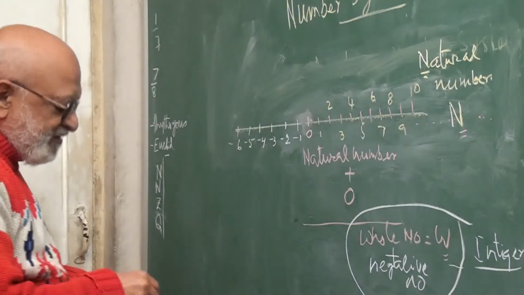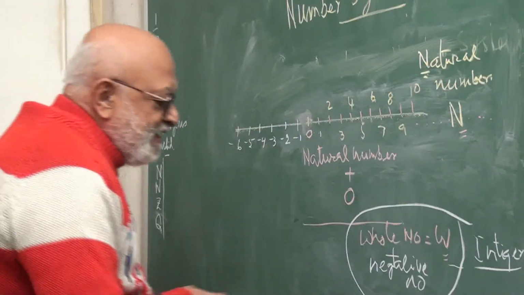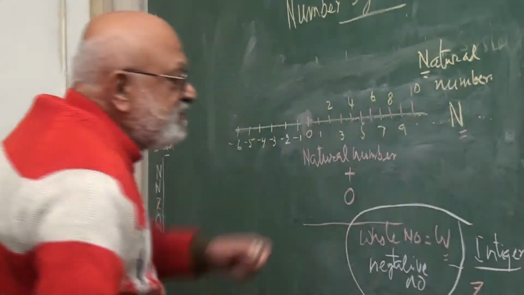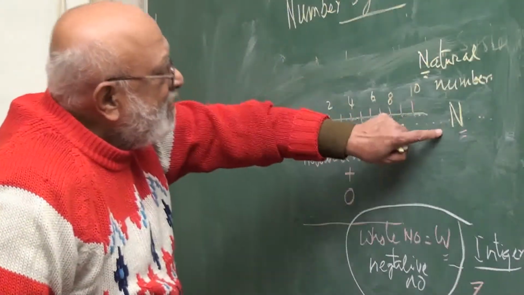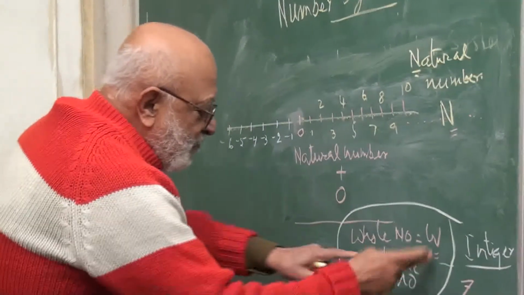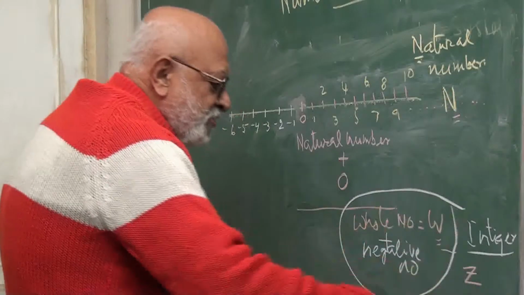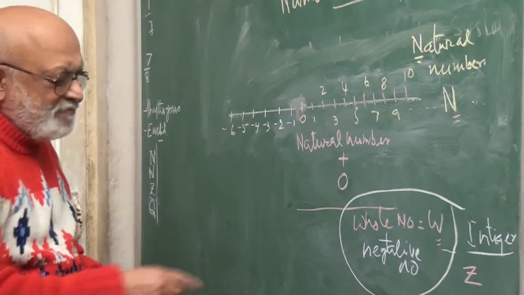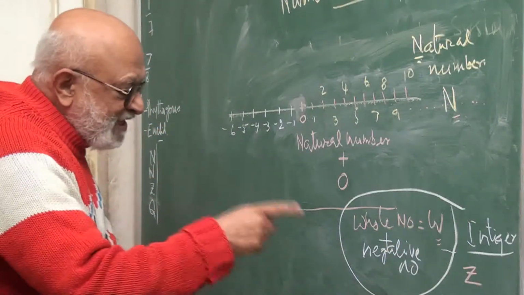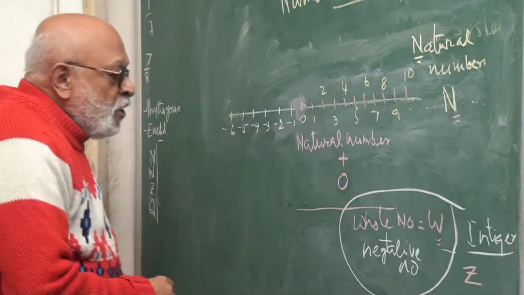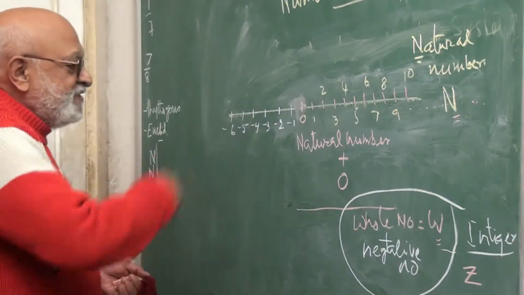And these integers are indicated as Z. So this is natural number N, whole number W, but integer it is written as Z. So you should understand, when somebody gives you a notation about Z, you must understand this one. So this whole thing is there.